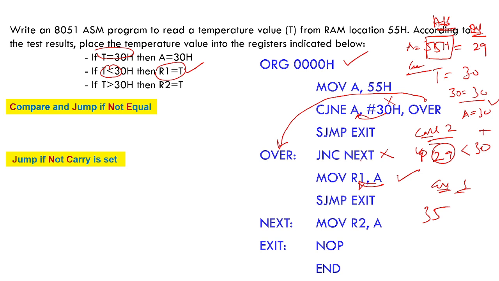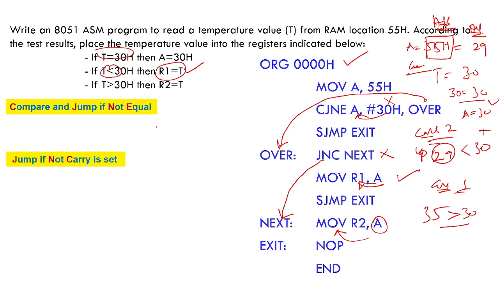Here no carry, because 35 is greater than 30, so it's the largest number, you don't have a carry, right? So I need to jump to next, so I need to pass your data to R2. Then no operation, then it is the end of the program.